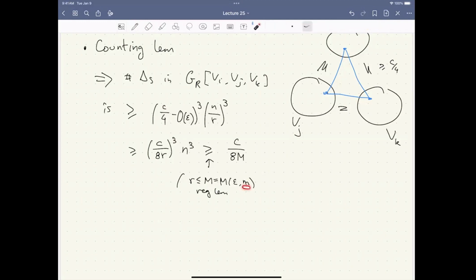Little m depends only on epsilon. So this depends only on epsilon. C, much bigger than epsilon, essentially depends on epsilon. So everything is about epsilon. You have this many times n cubed triangles.